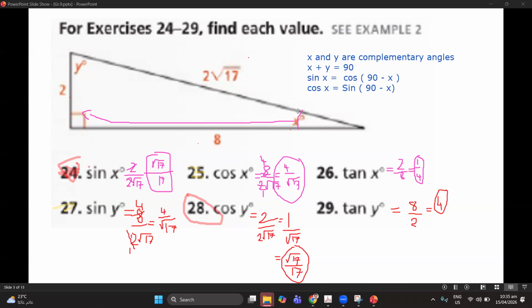So X plus Y is 90. This will happen in all right triangles: one angle is 90, so the sum of the other two angles is 90. So the sine of angle X is the same as cosine of angle Y, and the cosine of angle X is the same as sine of angle Y.